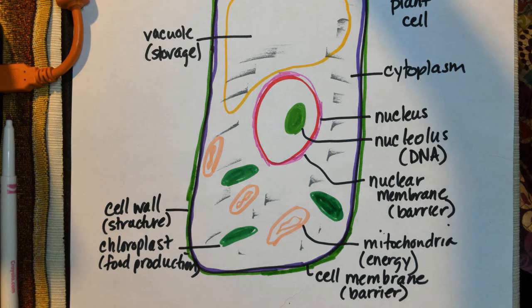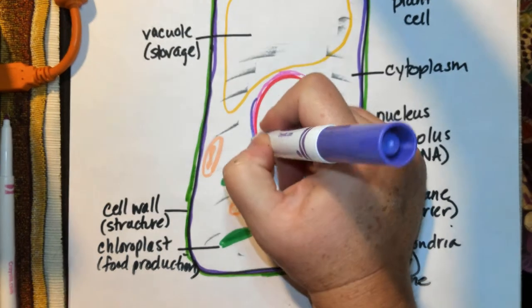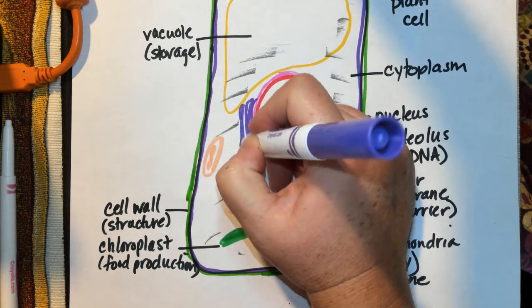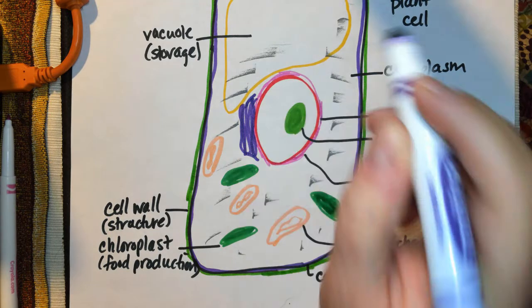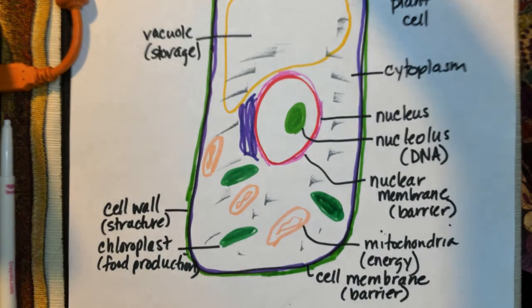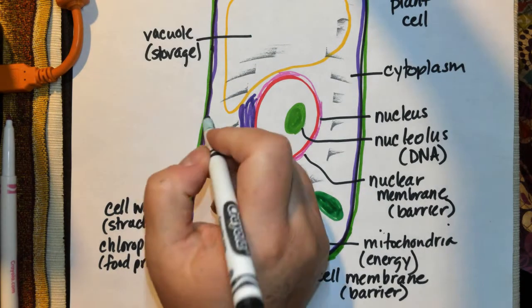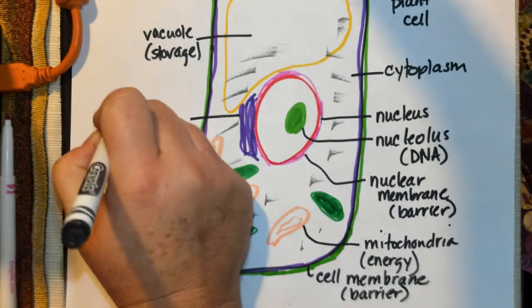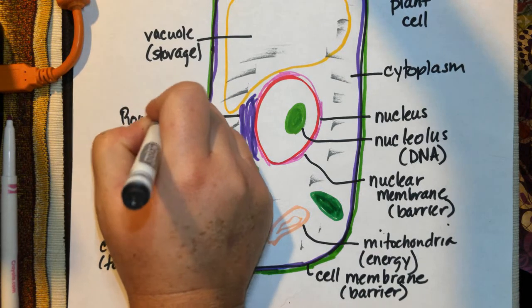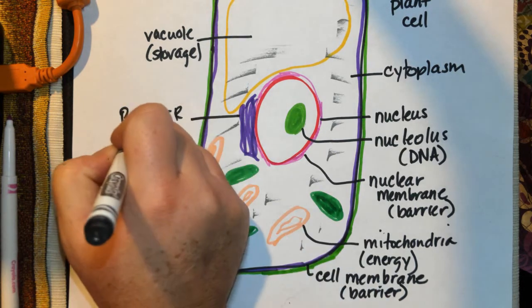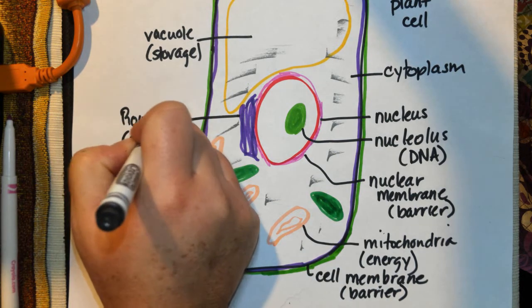Have that labeled. The last things that we need to label are those parts, again, that are part of both plant and animal cells. The first one being the ER, or the endoplasmic reticulum. Again, I'll draw that on the side of the nucleus here. So we've got our smooth ER and our rough ER, which is responsible for making proteins.